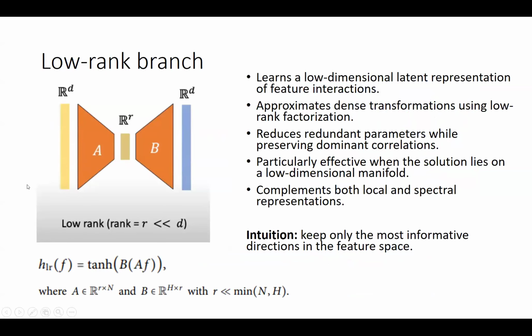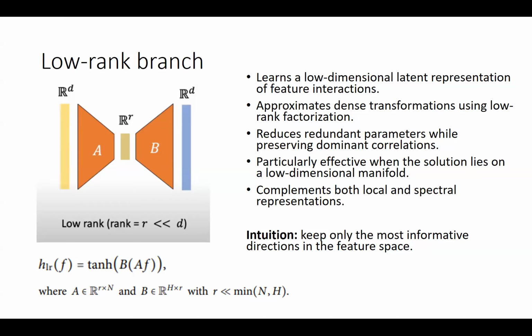And now let's talk about the second component. This is the low-rank branch. It is engineered to learn compressed low-dimensional representations of feature interactions. We do not map the input through a massive dense matrix. Instead, we approximate that dense transformation.